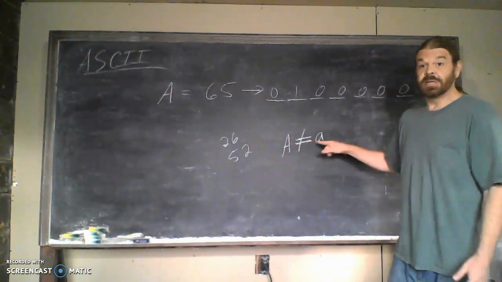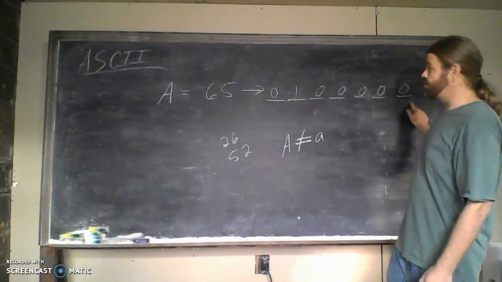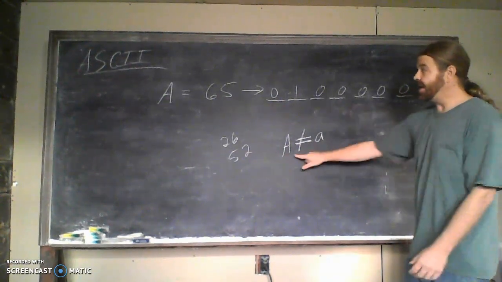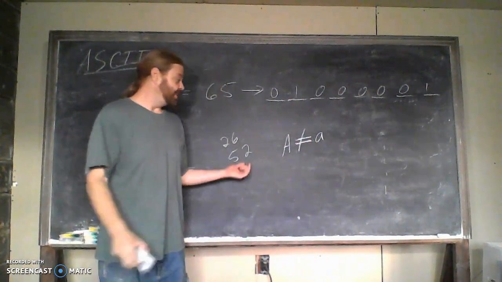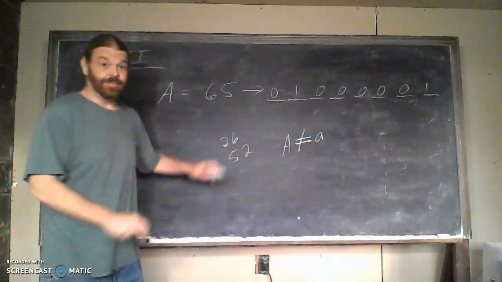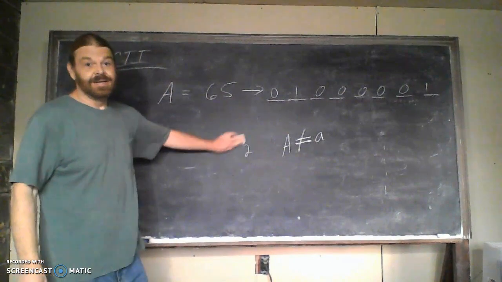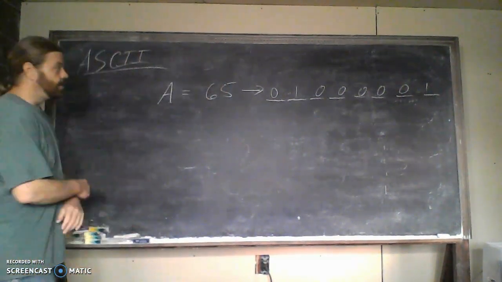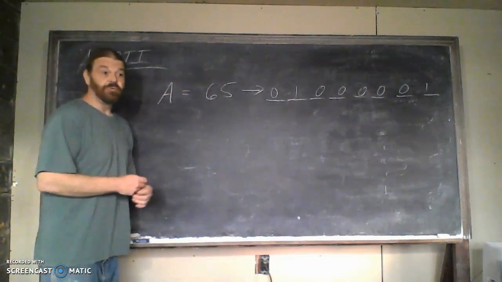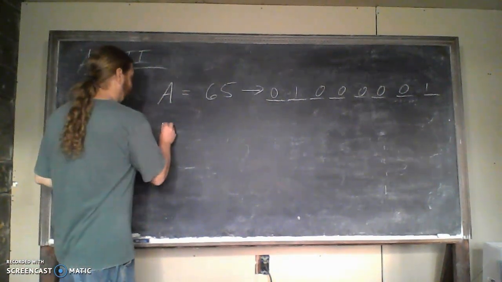Those are different symbols. So we don't want to represent both A's with the same code. Humans can handle that no problem, but humans are intelligent. Machines are not. So we need a different code for our lowercase a.